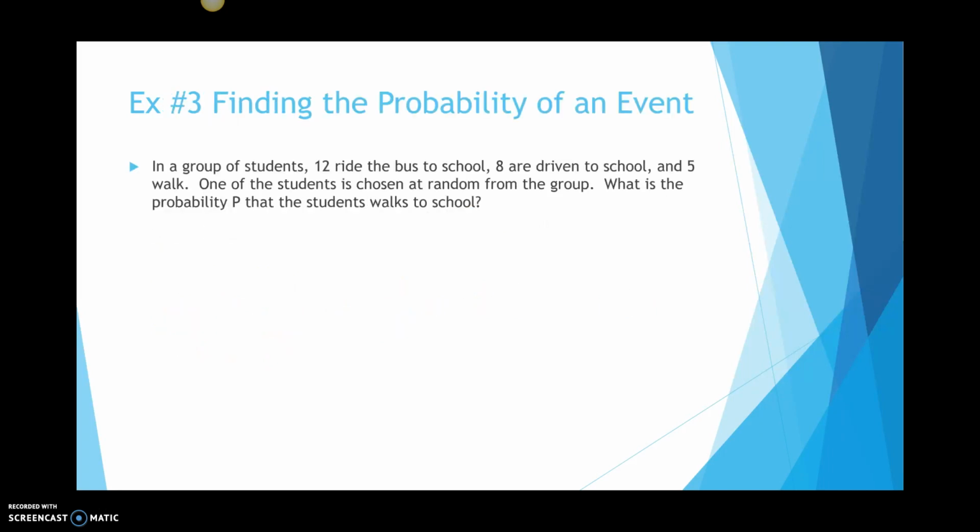Example 3. In a group of students, 12 ride the bus to school, 8 are driven to school, and 5 walk. One of the students is chosen at random from the group. What is the probability P that the student walks to school? So our probability of a student walking to school is the number who walk over the total number of students.